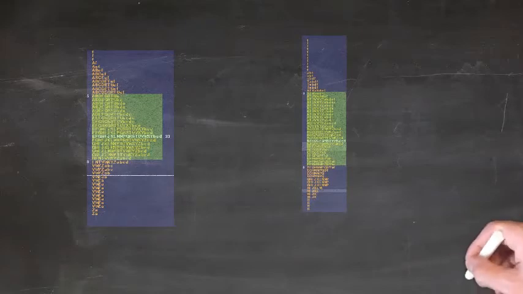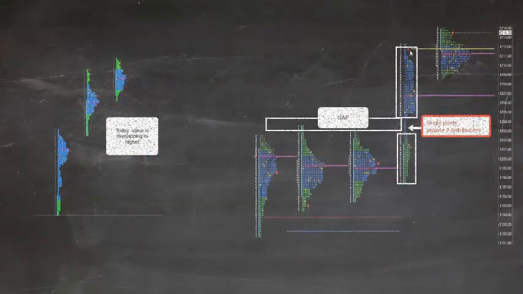All right, so when we see multiple profiles with the value areas going higher, we know that there's no supply in the market. When we see gaps and weak lows, we know not to short the market, right? It doesn't get any simpler than that. You don't need a DOM, you don't need signals, but you can use them to build your confidence.